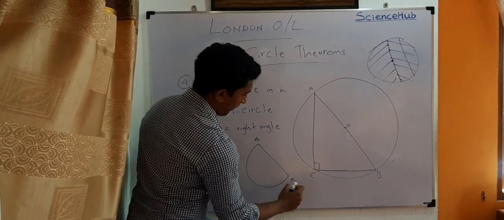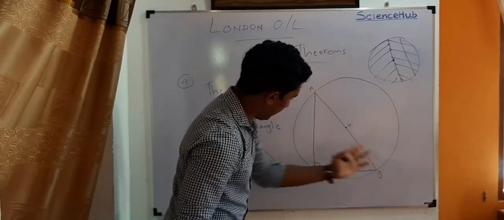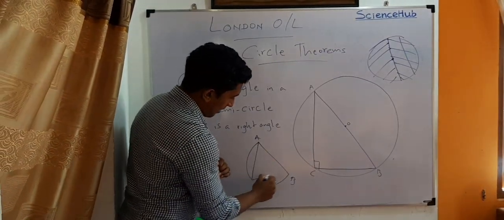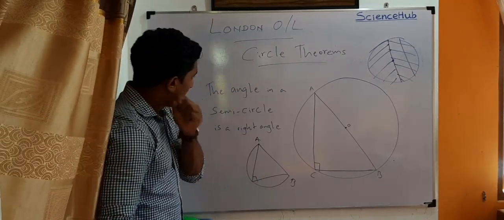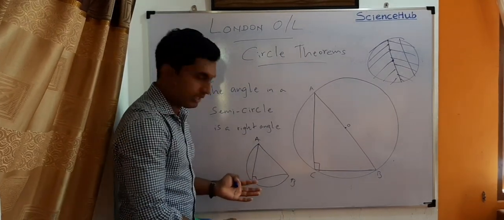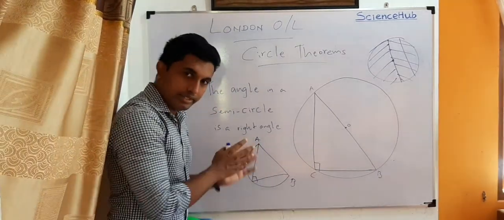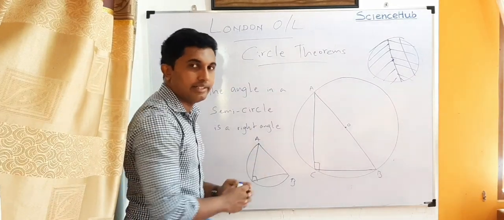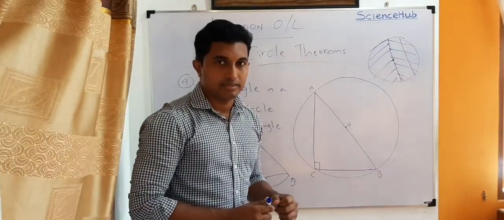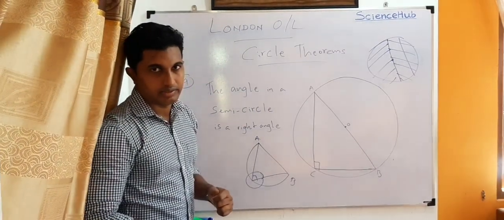This is A and B, I cut off from A to B, this is the semicircle part, and this is the angle. This is the angle in a semicircle, and that angle value is equal to 90 degrees. That means this is a right angle triangle, and this angle should be equal to 90 degrees.